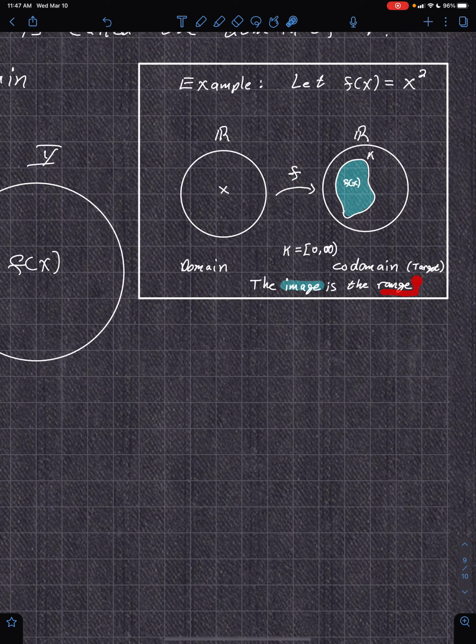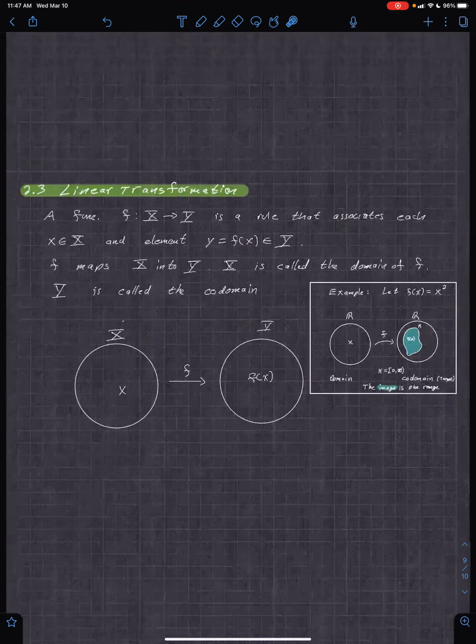The image is called the range, just like you're used to. When you say what's the range of f, you'll say it's non-negative reals. And that's the image of f concept.